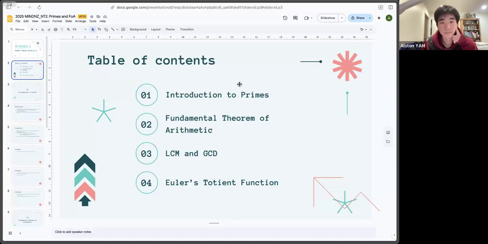It's quite a unique and cool theorem. And then we'll go over the concept of lowest common multiple and greatest common divisor, the LCM and the GCD. And if we have time, we'll go over Euler's totient function, which is really cool.